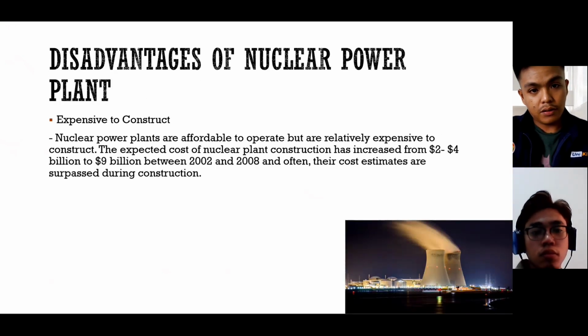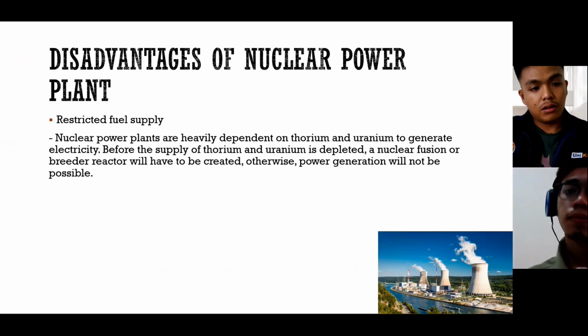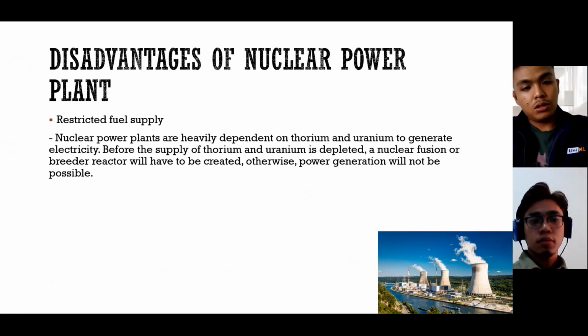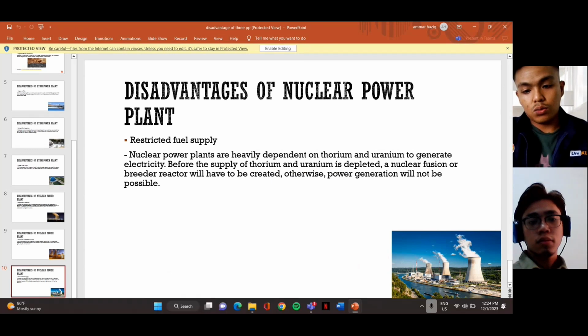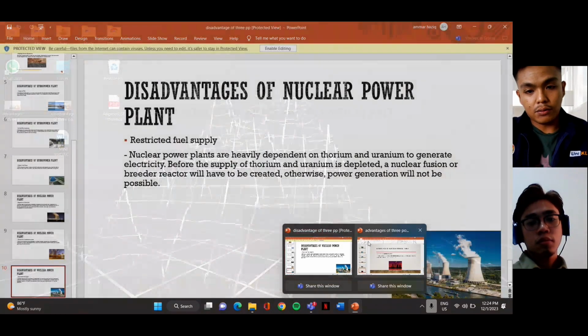And these are the disadvantages of a nuclear power plant: it's expensive to construct, generates radioactive waste, and has restricted fuel supply. So for the conclusion, we would like to take the coal power plant as our new power plant.